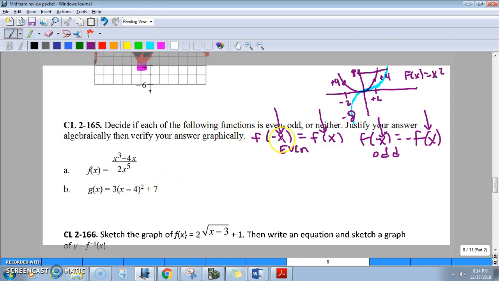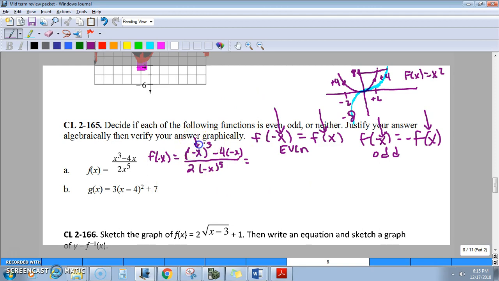So for A, everywhere I see an x, instead I'm going to put a negative x, and then see what I get out. So f of negative x here is going to be equal to negative x cubed minus 4 times negative x all over 2 times negative x to the 5th power. So let's start simplifying this.